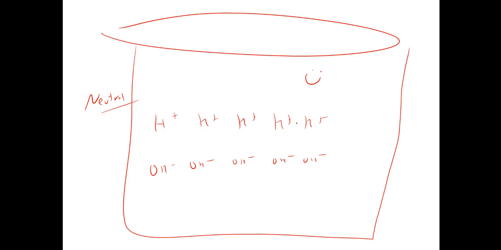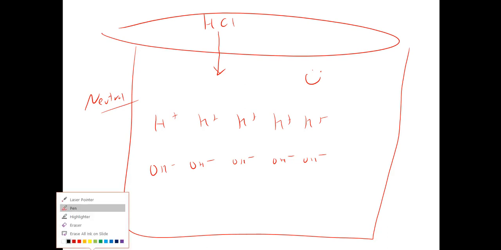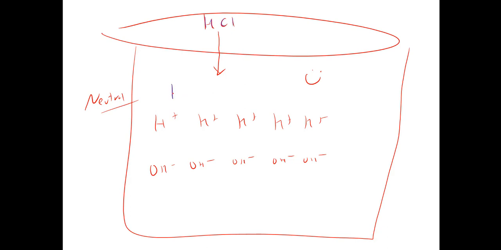Now we're going to go ahead and be mean, and we're going to add in an Arrhenius acid, such as hydrochloric acid. And I'll go ahead and use my purple pen. So I'll add in 2 extra hydrogens.